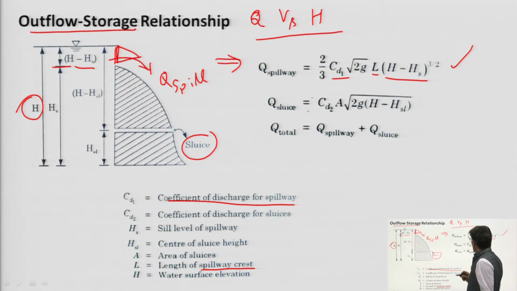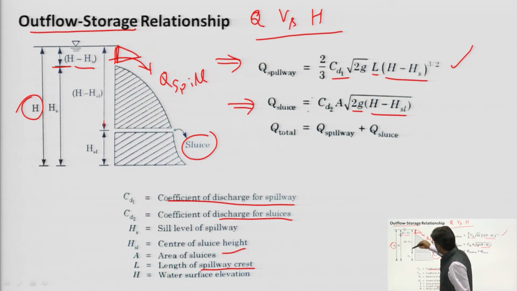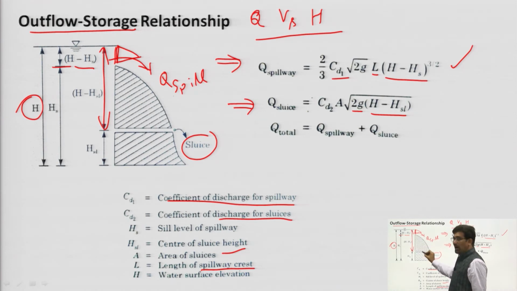In sluice gate we have this one formula: C_D2 is the coefficient of discharge for sluice gate, A is the cross sectional area of the sluice, times under root of 2g into the difference H minus SL, since this is the pressure at this gate.